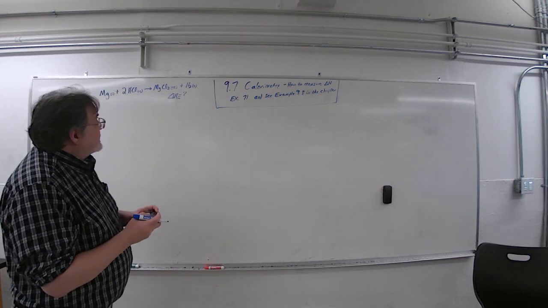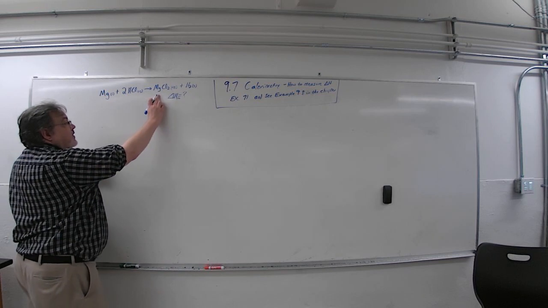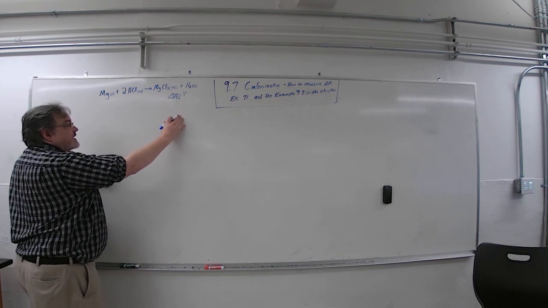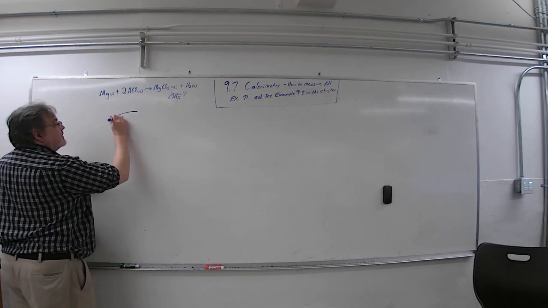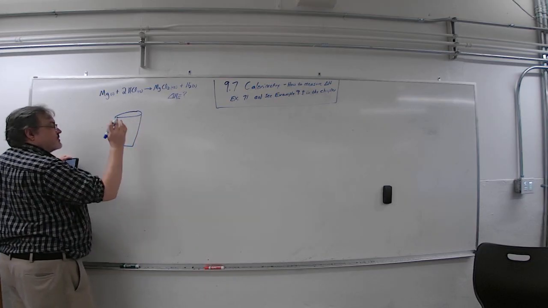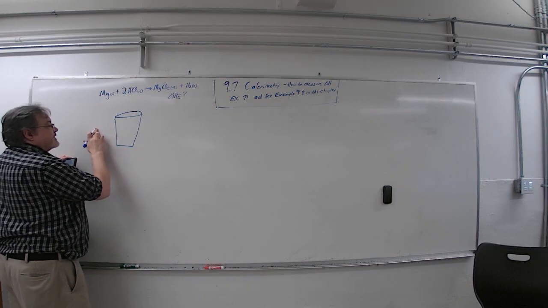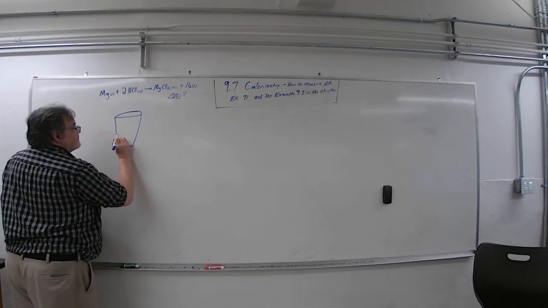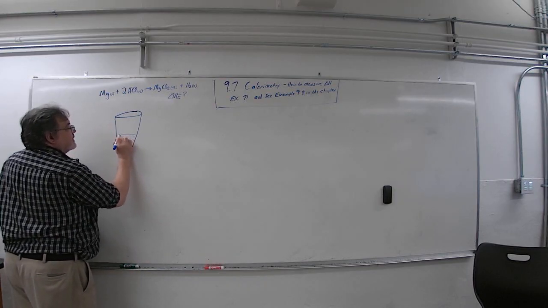So if you have this reaction, and you wanted to find out what is the delta H of this reaction, essentially what you do, you put it in some sort of insulating container, like a styrofoam cup, in water.